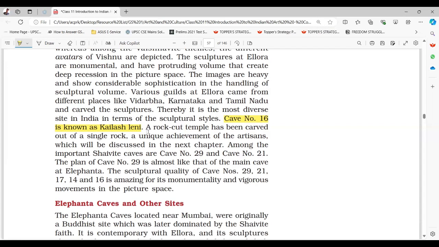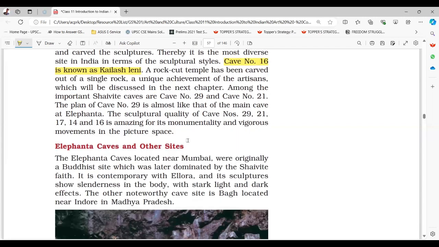The plan of cave number 29 is almost like that of the main cave at Elephanta. The sculptural quality of cave numbers 29, 21, 17, 14, and 16 is amazing for its monumentality and vigorous movements in the picture space.